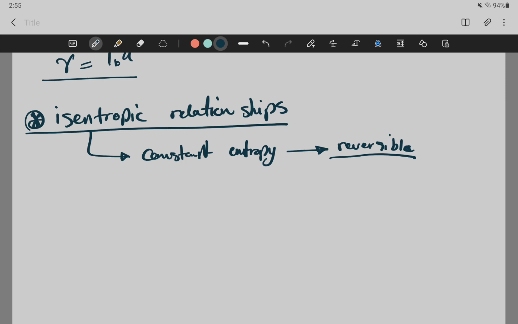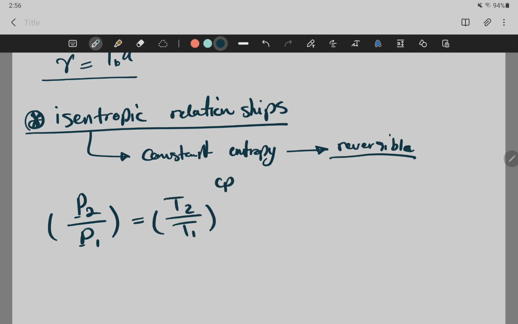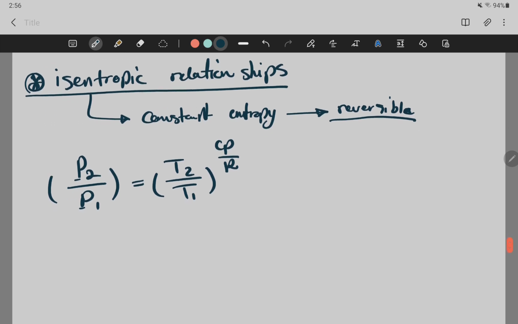So what were the pressure relationships that, what was your name again? Thomas. I keep forgetting your name. That Thomas mentioned. We had the pressure ratio between state 1 and state 2, which equals the temperature ratio to the power Cp divided by R. If you recall, we got this relationship from the main entropy relationship: Cp natural log of temperatures minus R natural log of pressures equals 0.